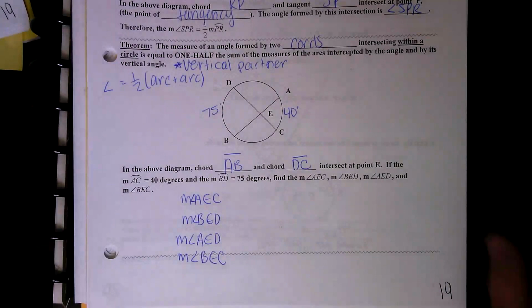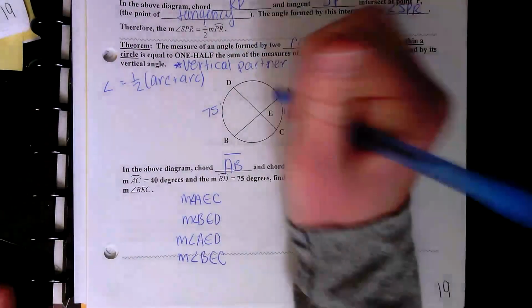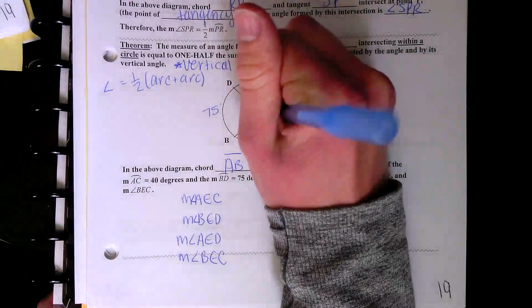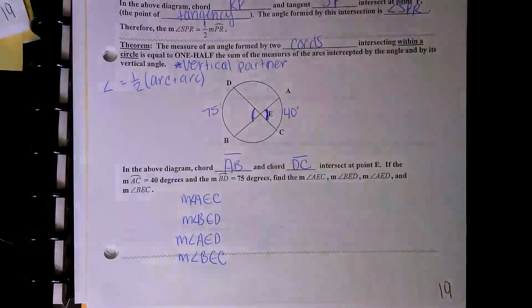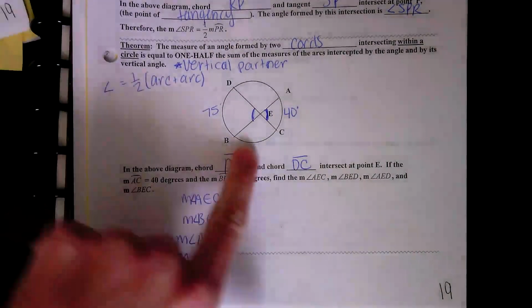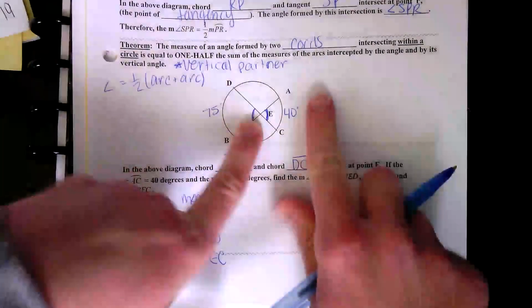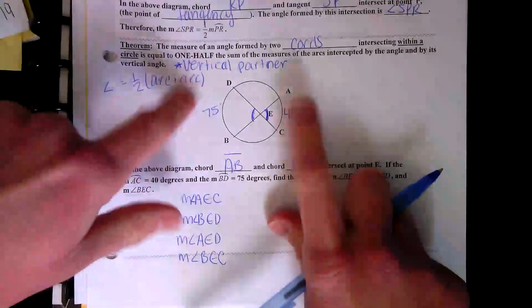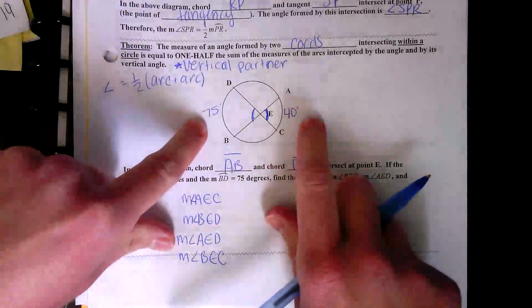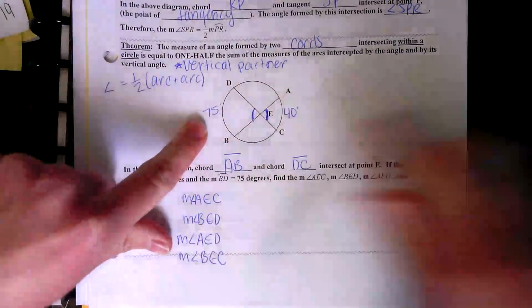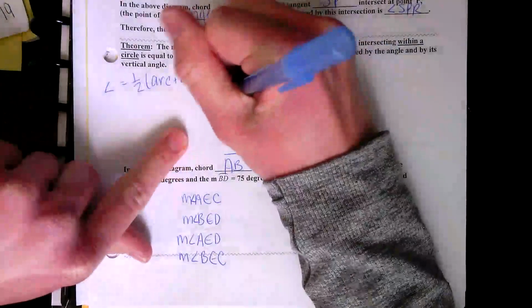All right, so let's first start with AEC. This angle and this angle are vertical angles, so they are congruent. Just like our formula, if we want to find angle AEC and its vertical partner, we want to do the sum of the intercepted arcs and then divide by 2.